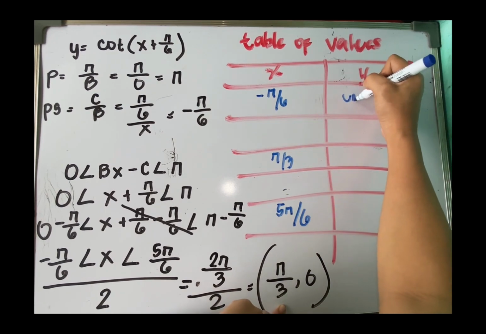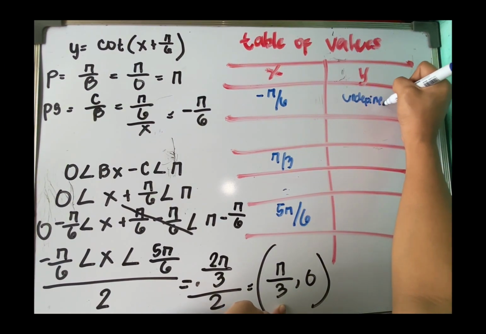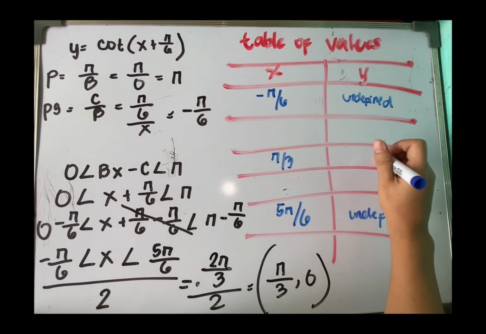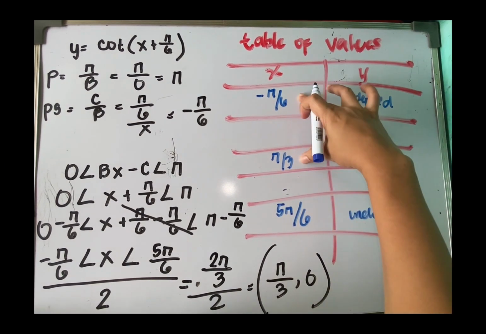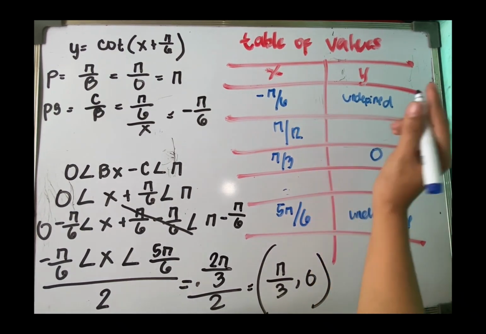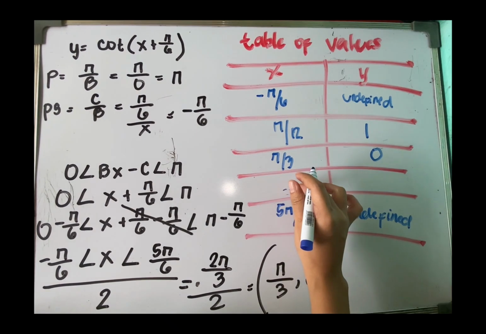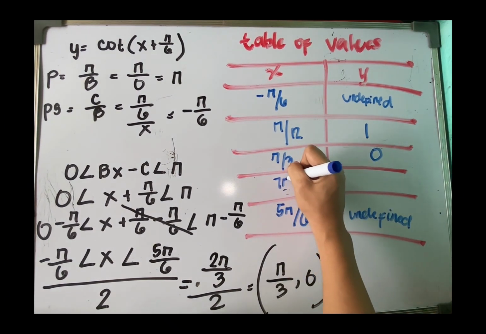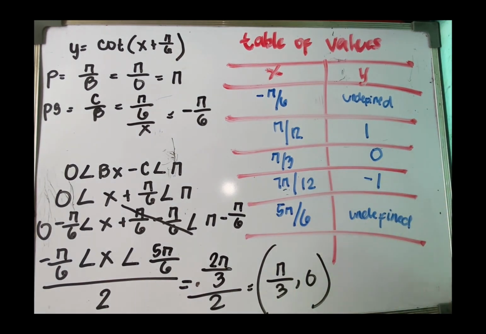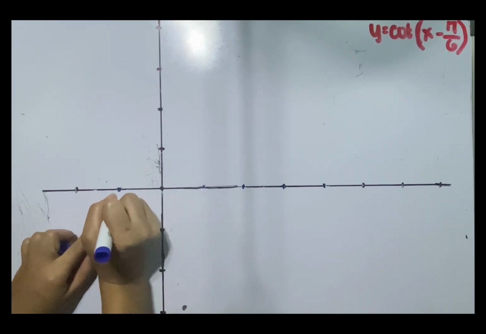Negative pi over 6 is undefined, and pi over 6 is undefined as well, and our pi over 3 is 0. Then we add these two, then divide by 2, which gives pi over 12. And we have this positive 1, added and divided by 2, we have 7 pi over 12, then negative 1. Since we are done doing our table of values, now we have to do our graphing.